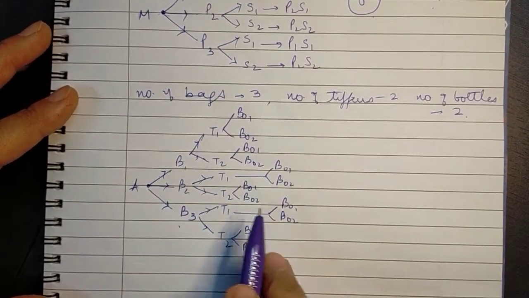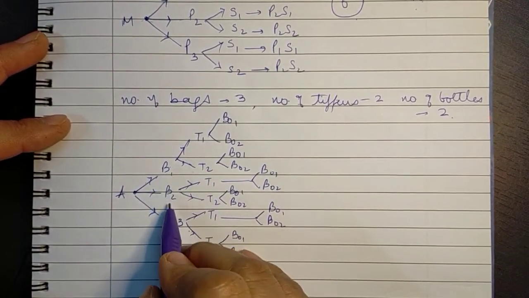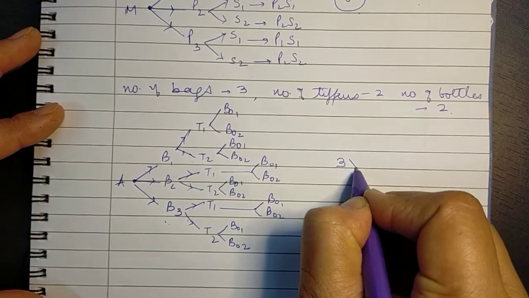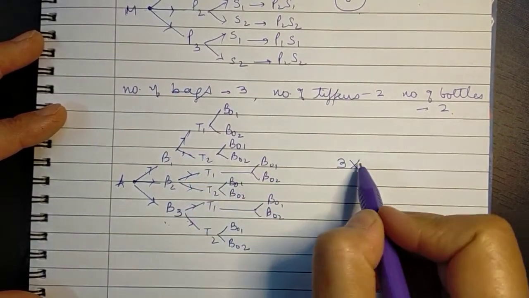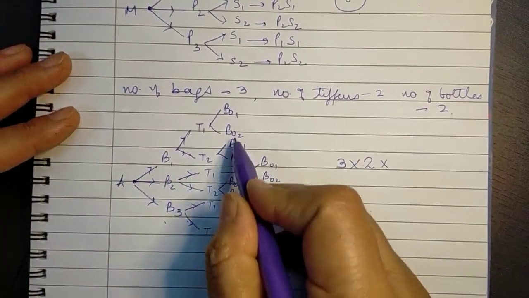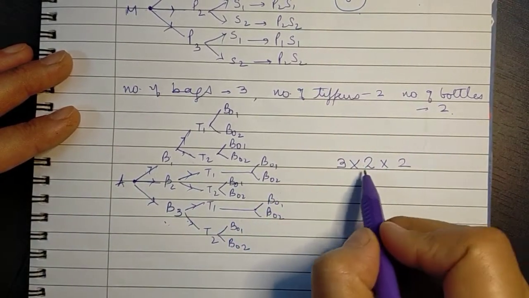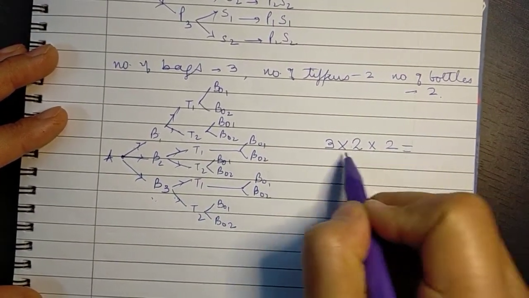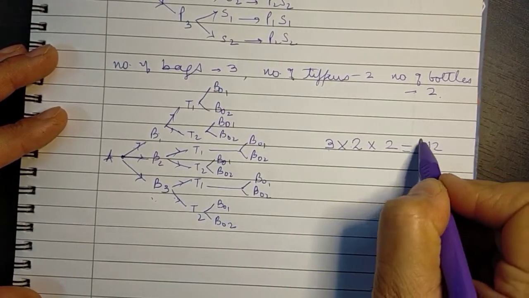So in all, the different kinds of sets which can be formed are 3 bags, followed by 2 tiffins, and again we use multiplication, followed by 2 bottles. So the total number of sets possible is 3 into 2 into 2, which is 12.